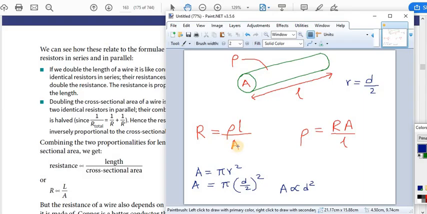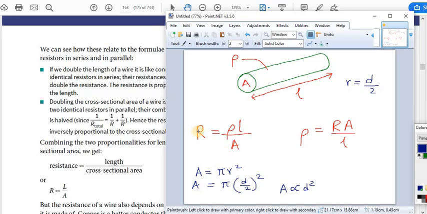But over here, when it comes to the area of cross section, when you double the diameter, the area of cross section will quadruple. It will be 4 times that. So if you have a wire with double the diameter of the original wire, and you are comparing the resistance with the original resistance, the area of cross section of that wire will be 4 times that.